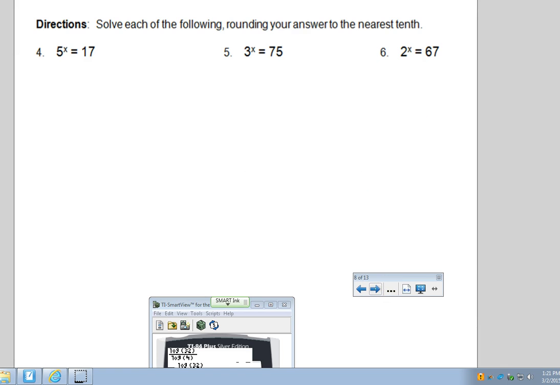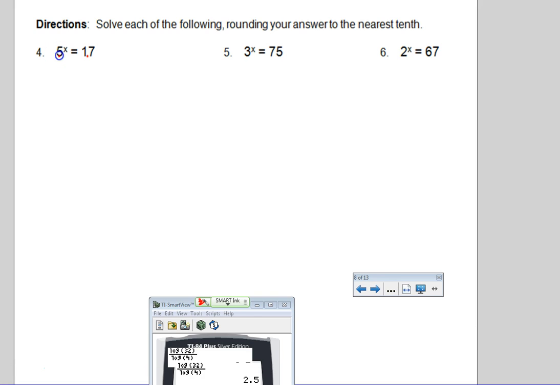Problem 4, we cannot make them all be the same base. 5 and 17, in fact, cannot be changed to any other base but 5 and 17. So unfortunately, we can't do the change of base method for problem 4. So you have a choice. You can either A, change forms, so 5 is the base, 17 is the outcome, x is your exponent out.